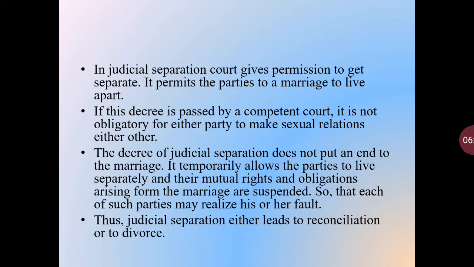It temporarily allows the parties to live separately, and their mutual rights and obligations arising from the marriage are suspended, so that each of such parties may release his or her fault. Thus, judicial separation either leads to reconciliation or to divorce.